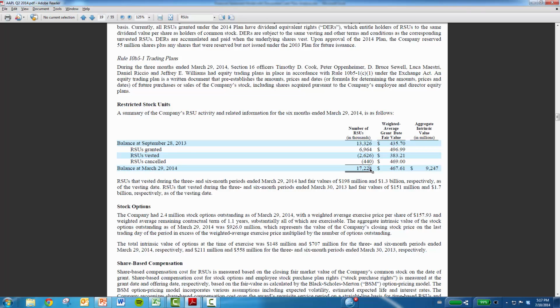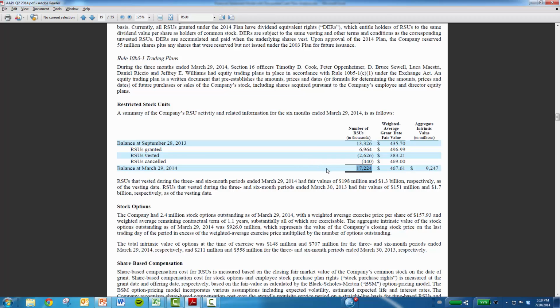And so you could try to get cute and incorporate a portion of them, because obviously they will potentially be vested, and there will likely be a dilutive effect. But from a modeling best practice in terms of what you typically see in an investment banking model, it's sort of a black or white thing. Restricted stock units that are vested become part of the basic share count, so there's nothing to think about there.